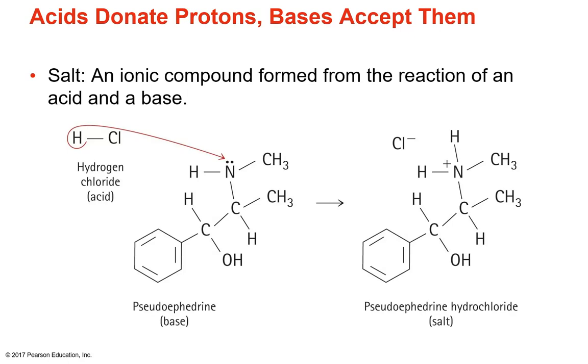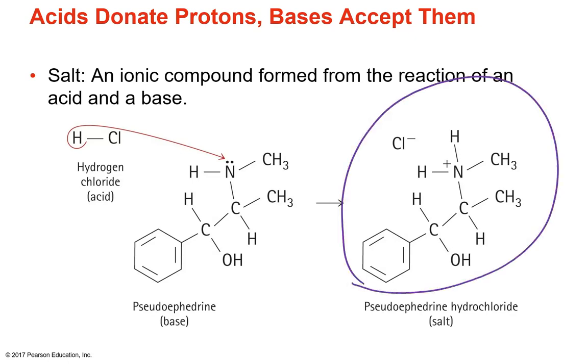So when you go look at your little pseudoephedrine, you usually see something that says pseudoephedrine hydrochloride. And so it's this here that it says for its active ingredient. Pseudoephedrine hydrochloride is a salt. It's a salt because it's the result of mixing an acid, in this case, hydrogen chloride, otherwise known as hydrochloric acid, with a base, the pseudoephedrine.